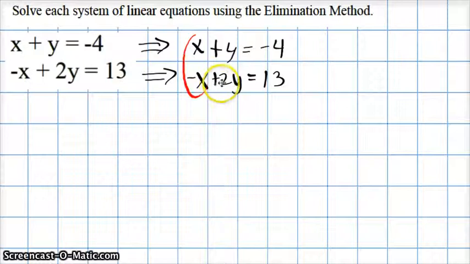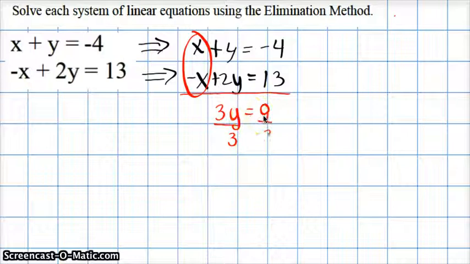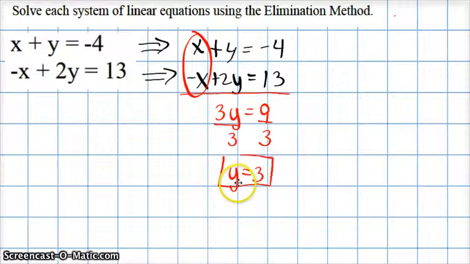Now, elimination is simply adding the two equations together or combining the two equations into a single equation. Well, going back to opposites making 0, we're left with just 3y equals 9. Undoing this equation or isolating the variable y by solving the equation gives us y equals 3.